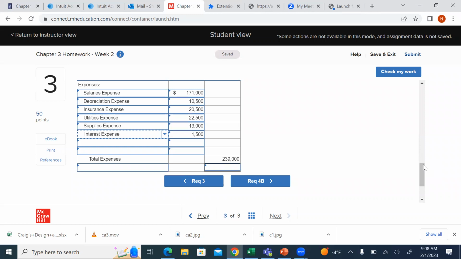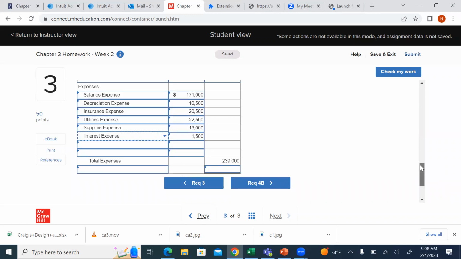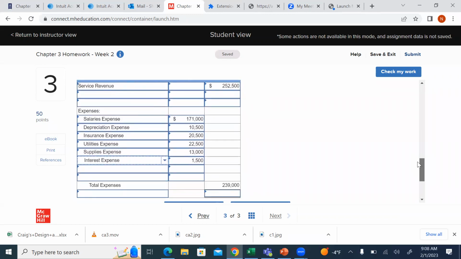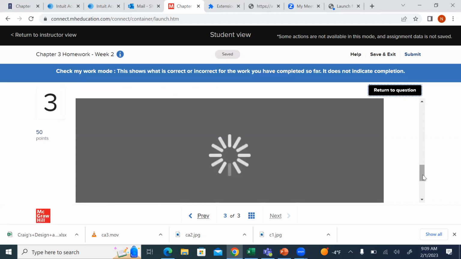So our 252.5 minus our 239 gives us 13,500. Just check to make sure.